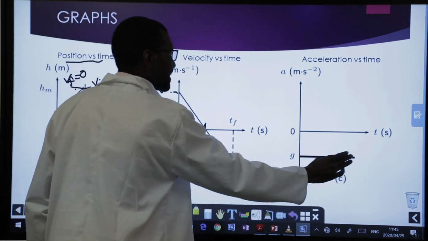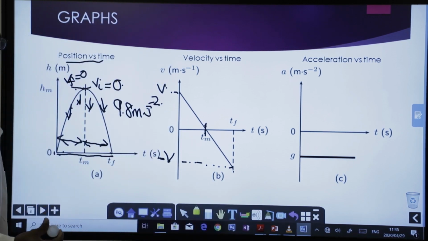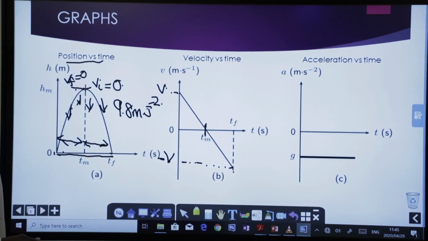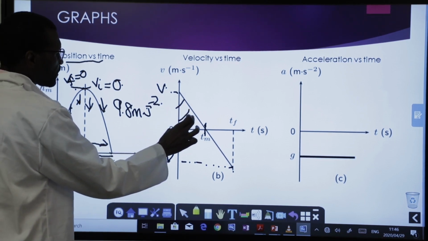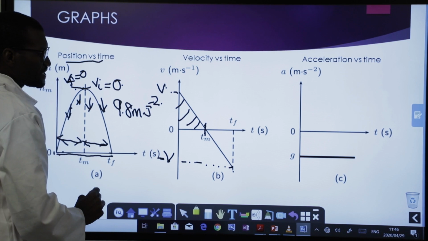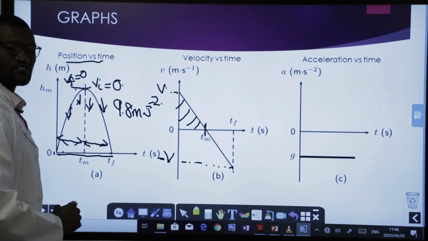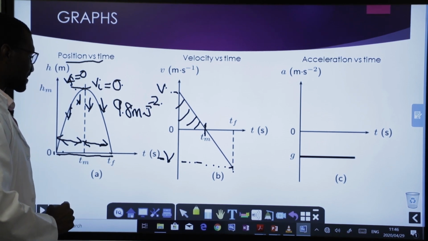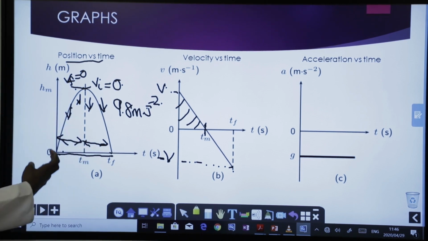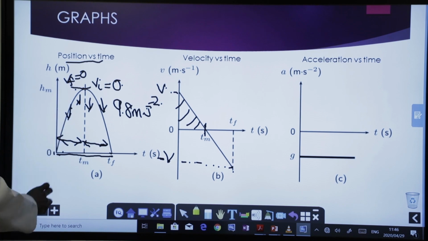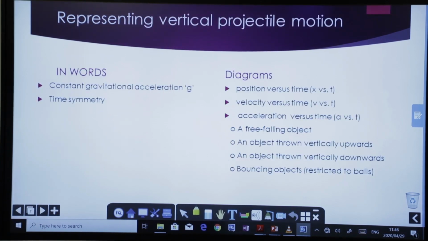It is negative because I have chosen upwards to be positive. As for the area of the velocity time graph, it is going to give me the distance covered. So keep that in mind as we look through questions that are to do with projectile motion.